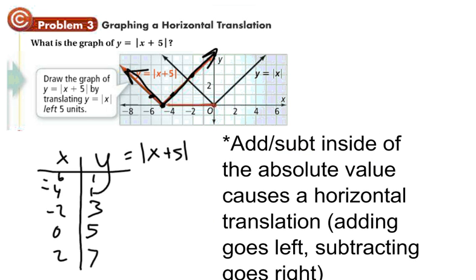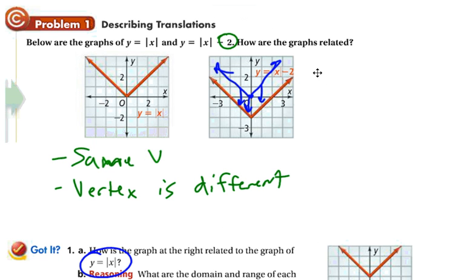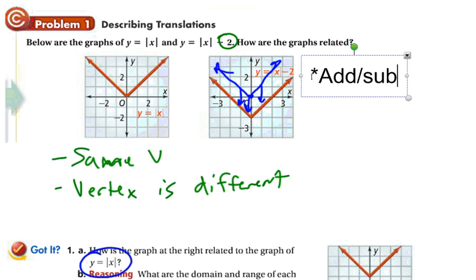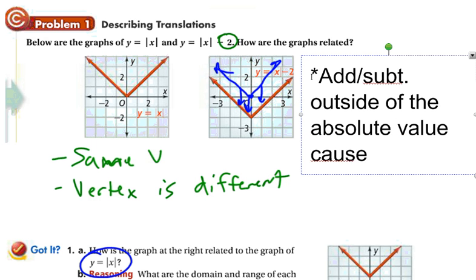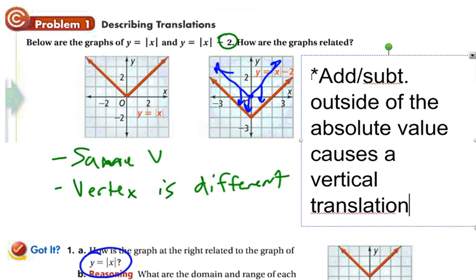All right. I want to go back real quick, though, to this one right here, when we went to vertical. So I didn't add this in here. But adding or subtracting outside of the absolute value causes a vertical translation.